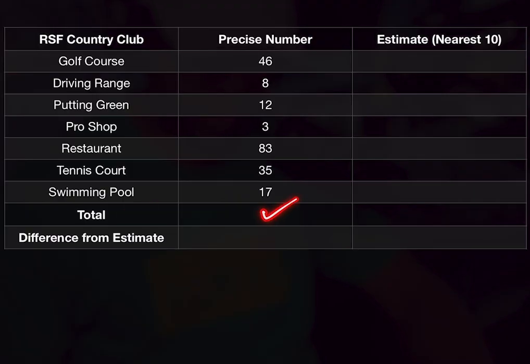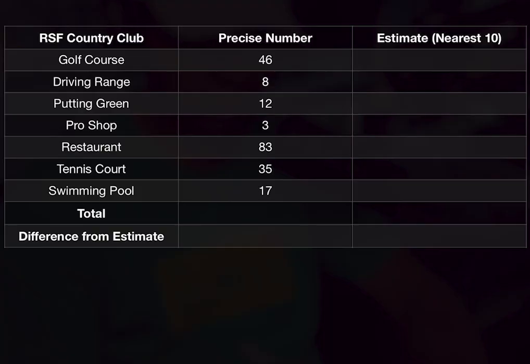We're going to add the precise number, get the sum of the estimates, and then we're going to decide if the estimate is actually reasonable by tracking the difference from the estimate. And as close as that number is to 0, that's going to let us know if the estimate is actually helpful and reasonable.